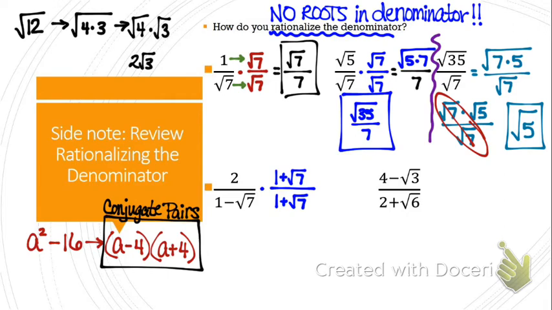In my numerator, I've got 2 times 1 plus radical 7. Down in the denominator, I'm going to need to distribute this. I'm going to show the distribution this time. But then when we get to some other problems, I'm going to drop the whole process. You're welcome to continue doing it on yours, but I'm going to have 1 times 1, 1 times a positive radical 7, negative radical 7 times 1, negative radical 7 times positive radical 7, which means minus 7.